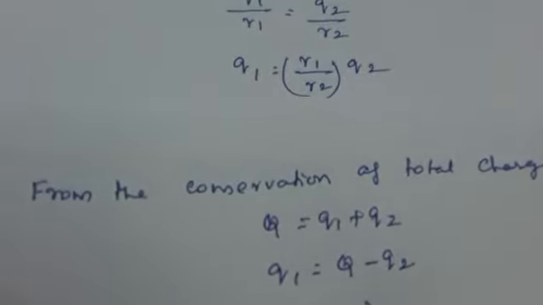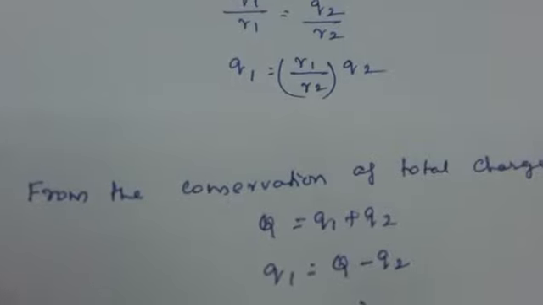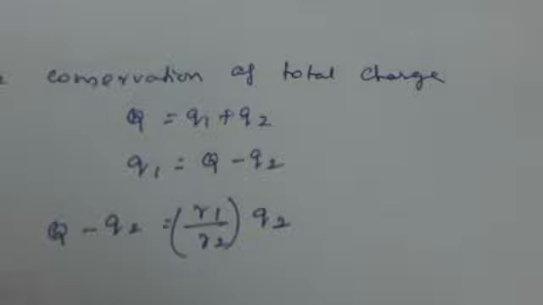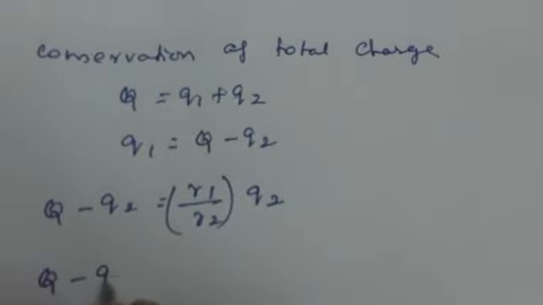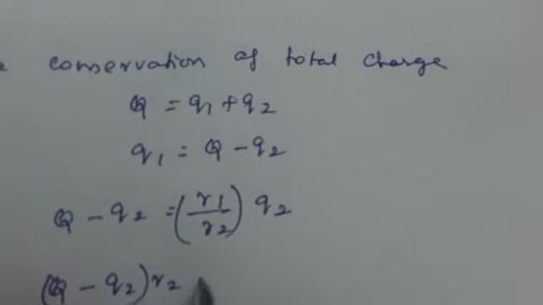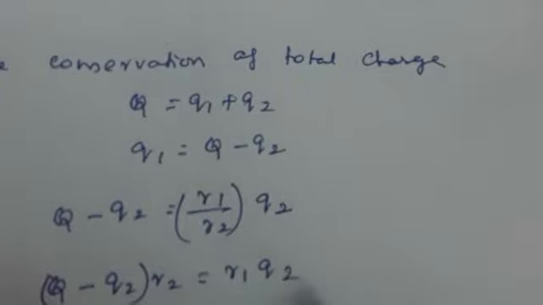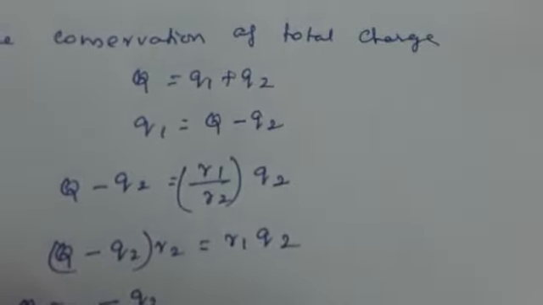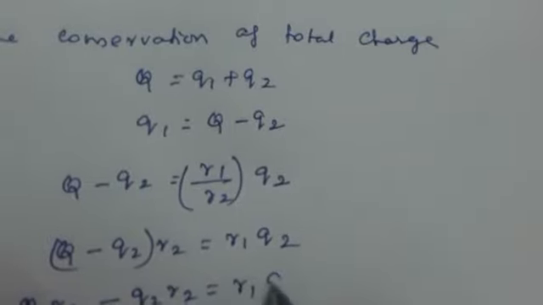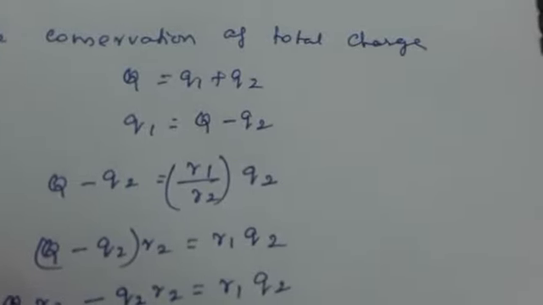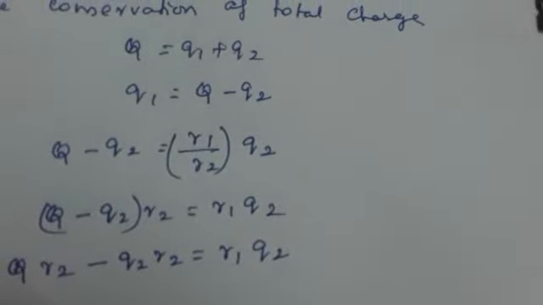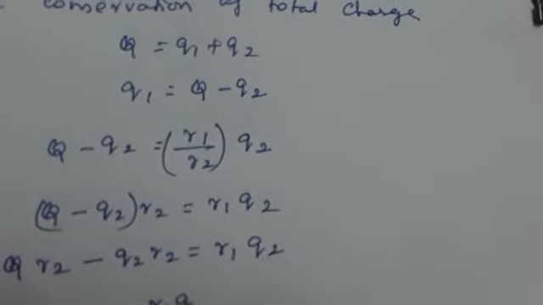Now from this we can find Q2. We cross multiply: Q minus Q2, into R2, is equal to R1 into Q2. So Q R2 minus Q2 R2 is equal to R1 Q2. Bringing all the Q2 to one side, Q R2 is equal to R1 Q2 plus R2 Q2.